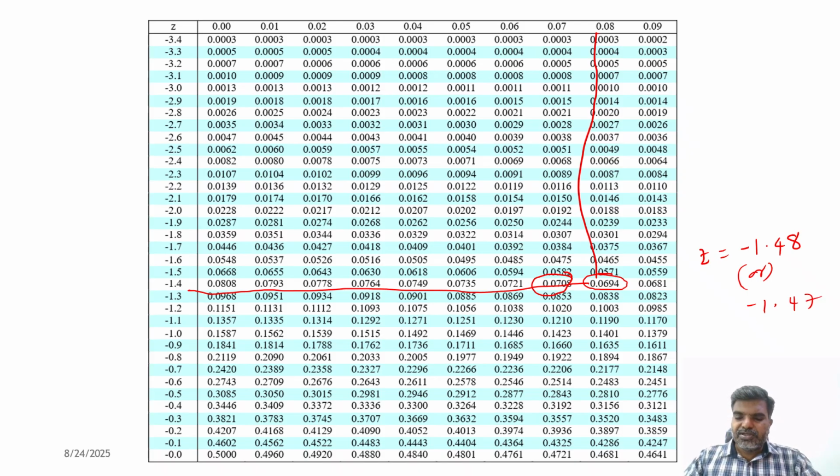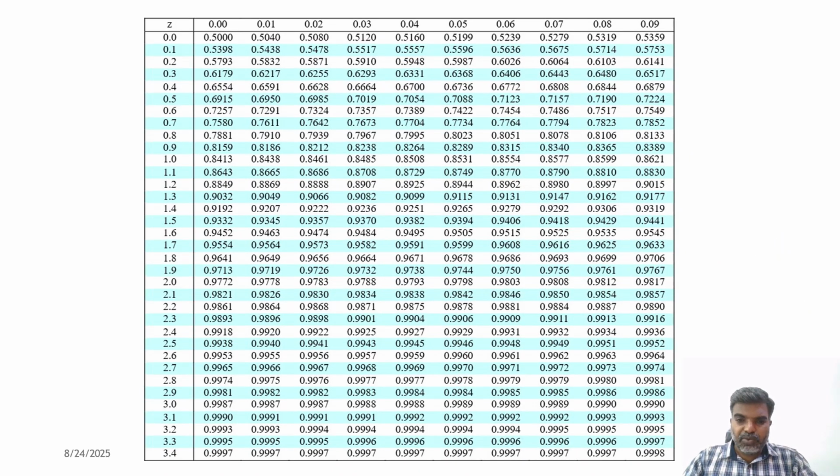So in this example, areas are given. We are finding the corresponding z values. Given two areas, one is 0.07 and second one is 0.89. Suppose 0.89. In this table, where can you see that 0.89? Maybe you can find the exact value, or you can consider the nearest value for 0.89.